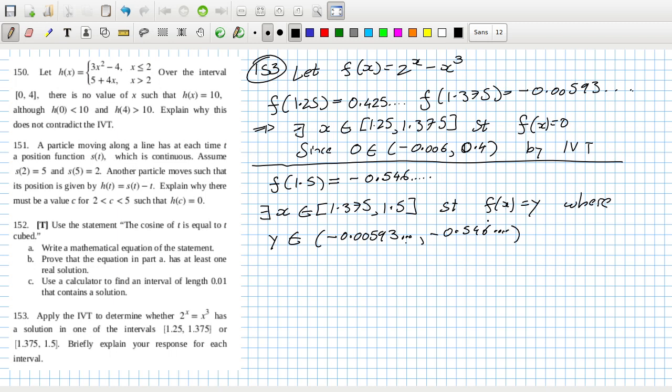So the problem is that this doesn't include 0.